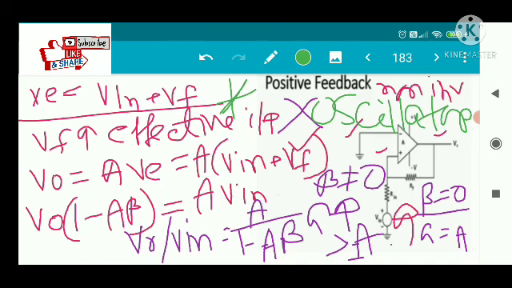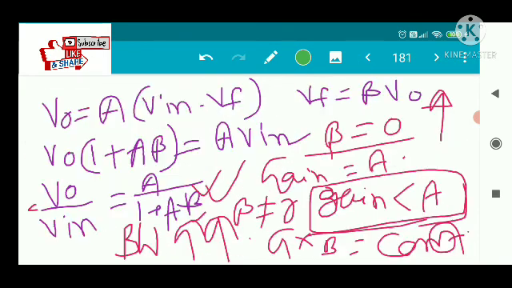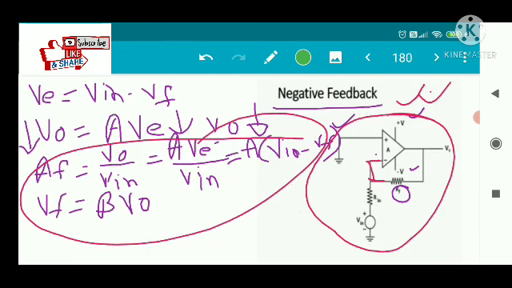And negative feedback means the output voltage must be fed back to the negative input of the operational amplifier. Negative input means inverting input. Here in this diagram the output is fed back to the negative terminal. Then we can implement this concept as negative feedback in the op amp.